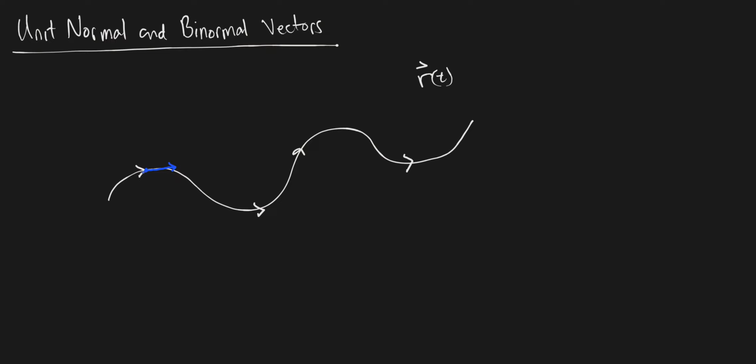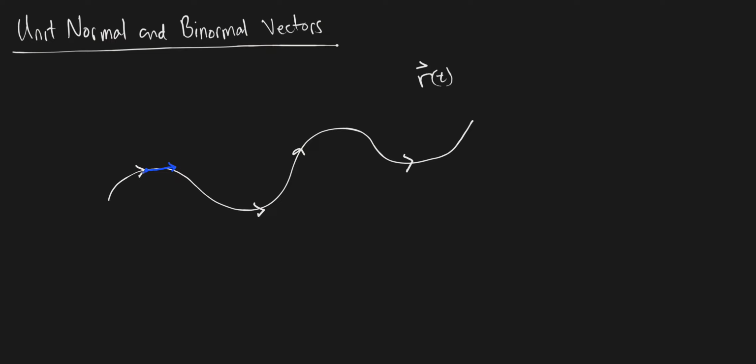We said that if the magnitude of a vector function is constant, then we showed that r and r prime, the vector function and its derivative, must be orthogonal.